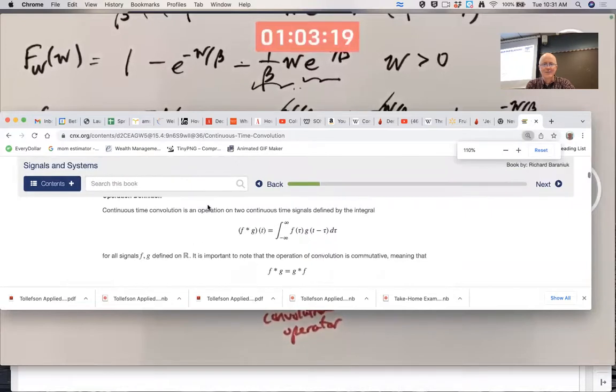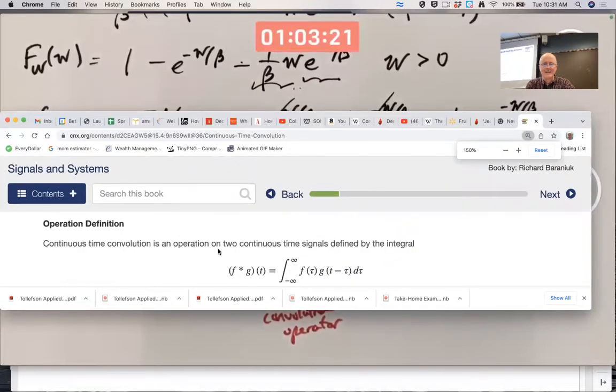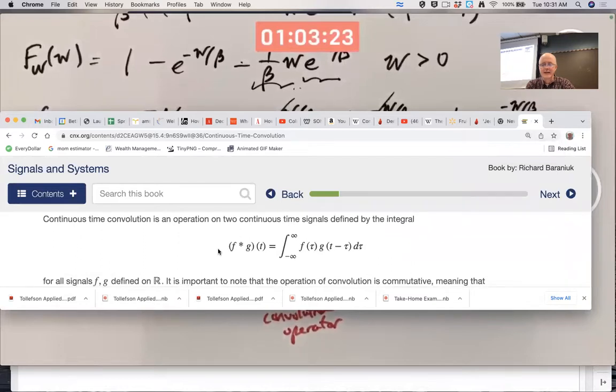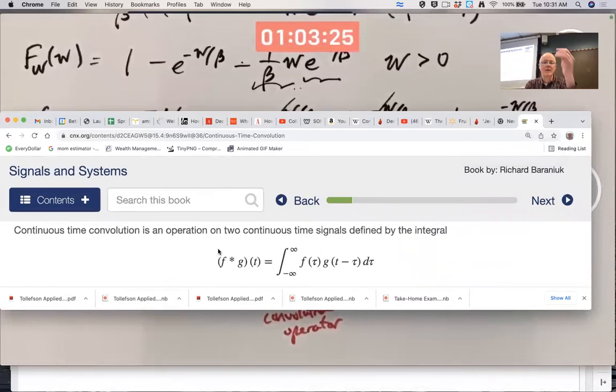Okay, here it's written as a single integral from minus infinity to infinity. For us, that would simplify to an integral from 0 to infinity. It's not obvious that it's going to give the same answer because it seems different than what we did.